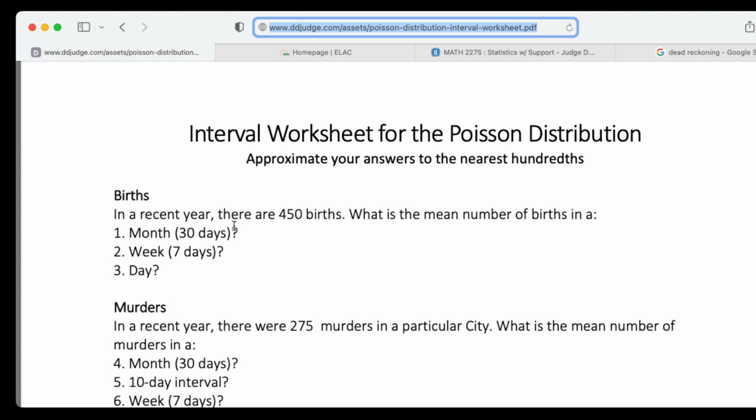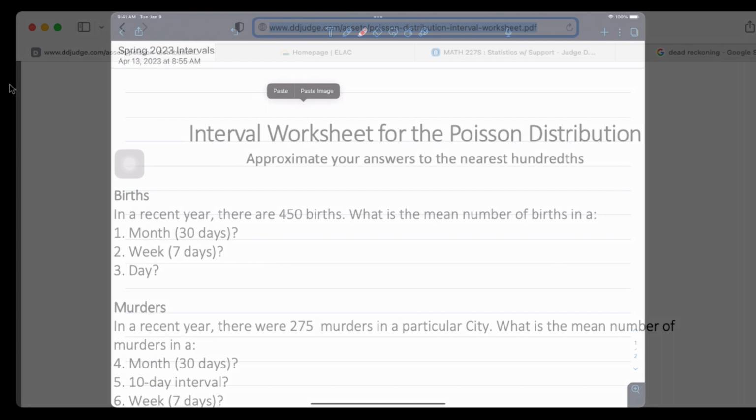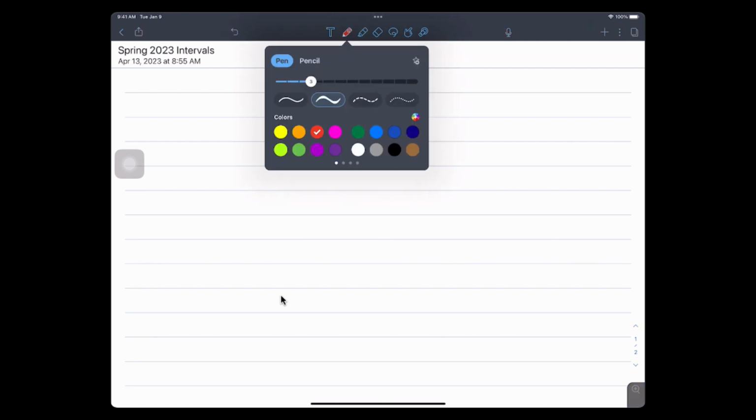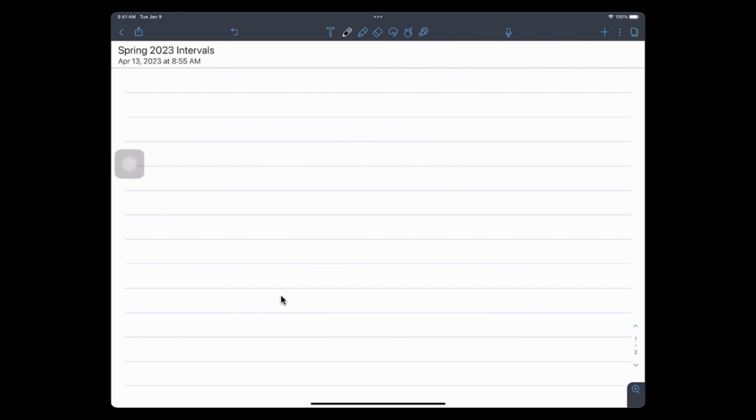Let's focus on this idea called intervals. So we can go back to the iPad. And before we do that, let me start off from first principles. Do you guys happen to know what a ratio is?